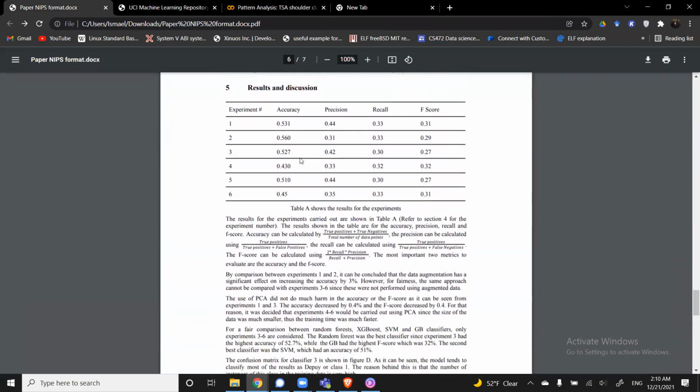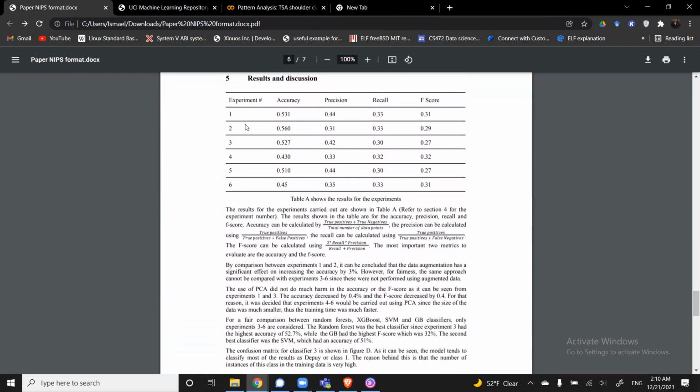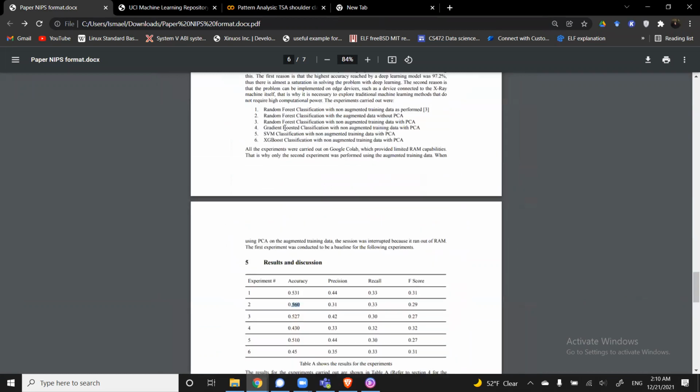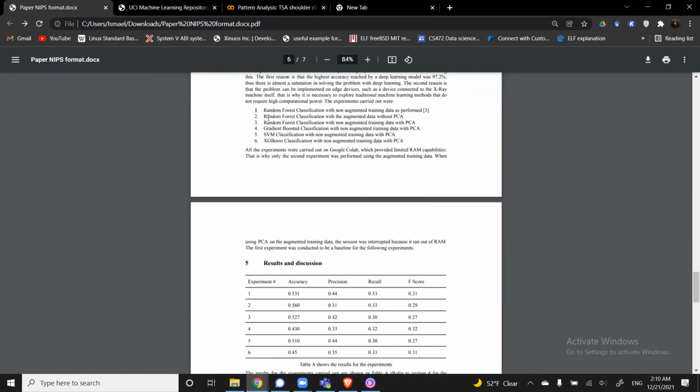As can be seen here from the results, the highest accuracy, of course, is for experiment 2, which used the augmented data, and it got an accuracy of 56%. Just for reference, these are the names of the experiments, and these are their numbers. So this table corresponds to this list of experiments.